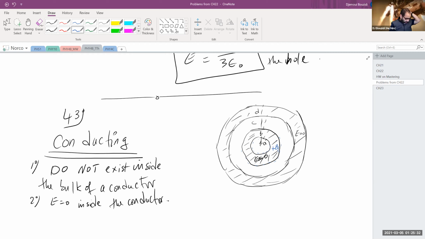Now they say also, and the outer shell has a positive 4q. So again, we added 4q in here. We know the same story. There is no charge enclosed in here, so the q enclosed is 0. So all the charge in here can be on the inner surface or the outer surface. Nothing can exist in the bulk of this conductor.